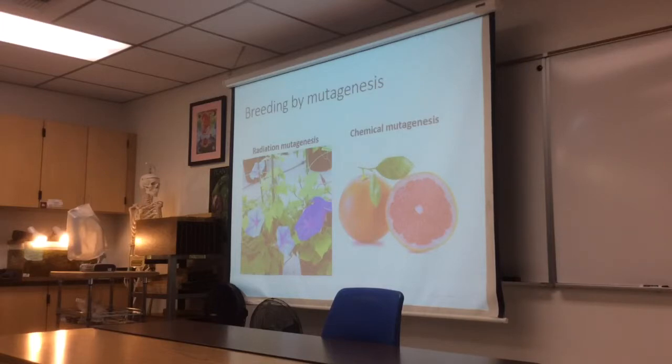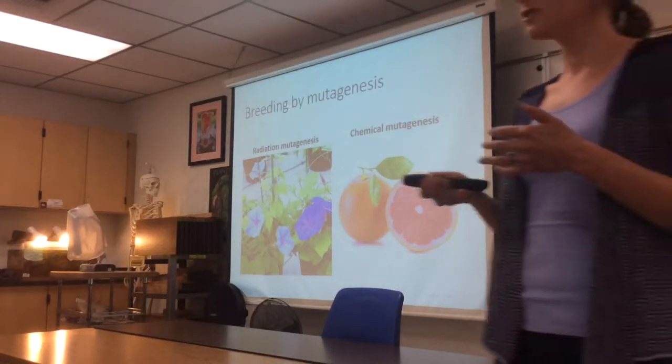Introduce a change in the genome, acquire this new trait of ruby red grapefruits. And so that's great, but that is random. And you're still limited by what was already present in the genome that you can actually change or alter with just random mutations.